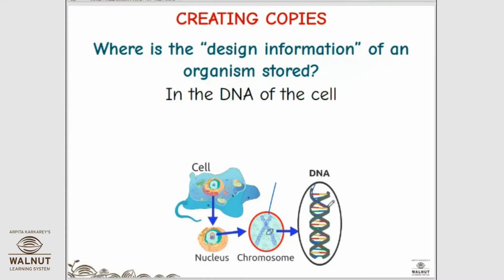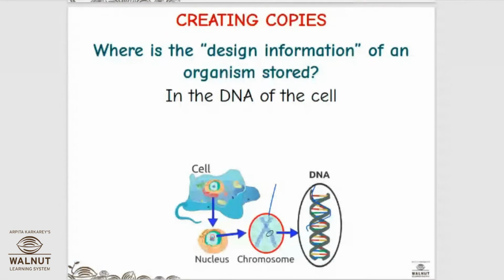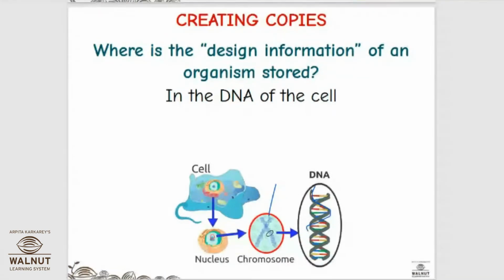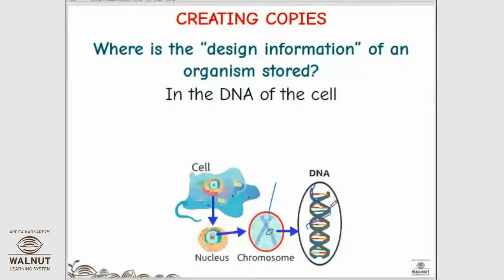This is called a double helical structure, or double helix DNA. You will study these structures in higher classes, but here we just need to know the basic thing. In this DNA, genes are present.